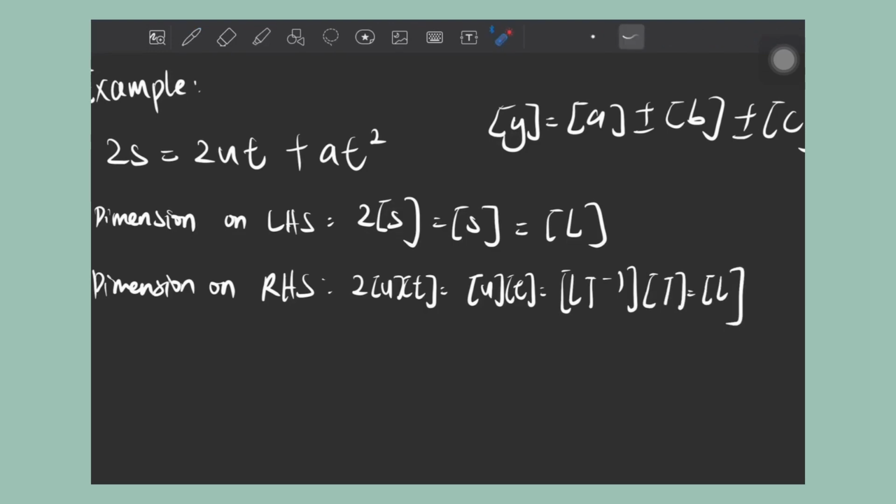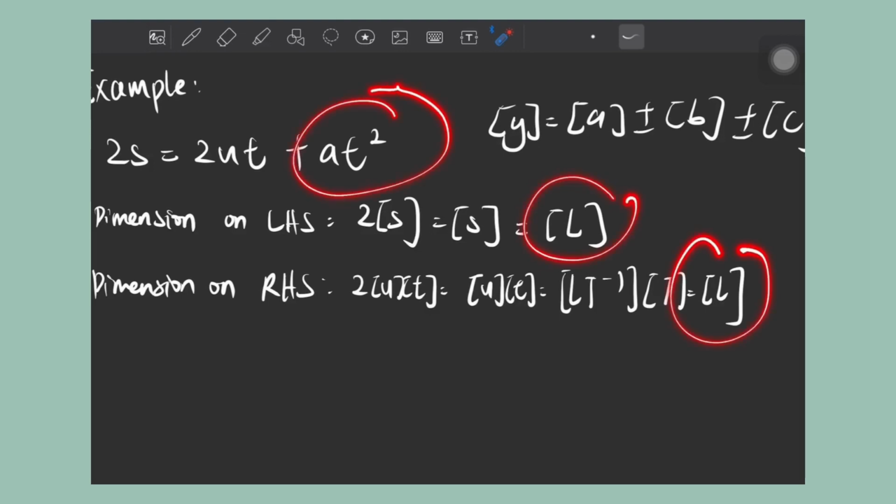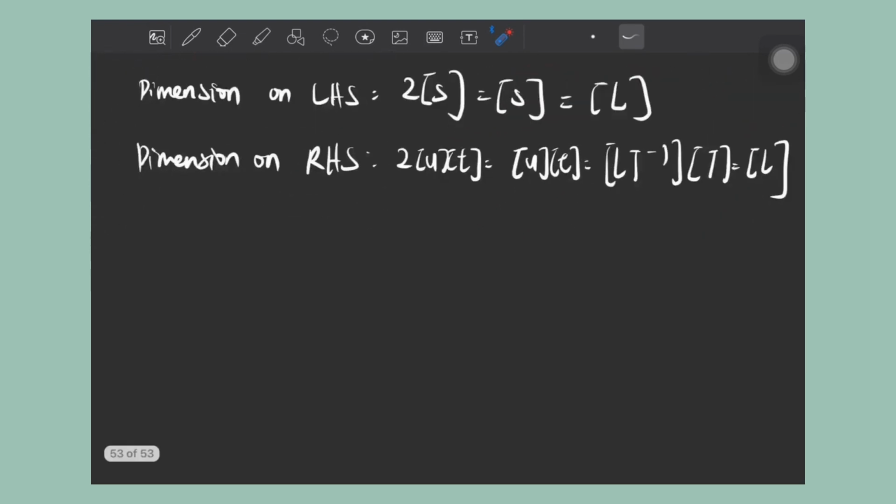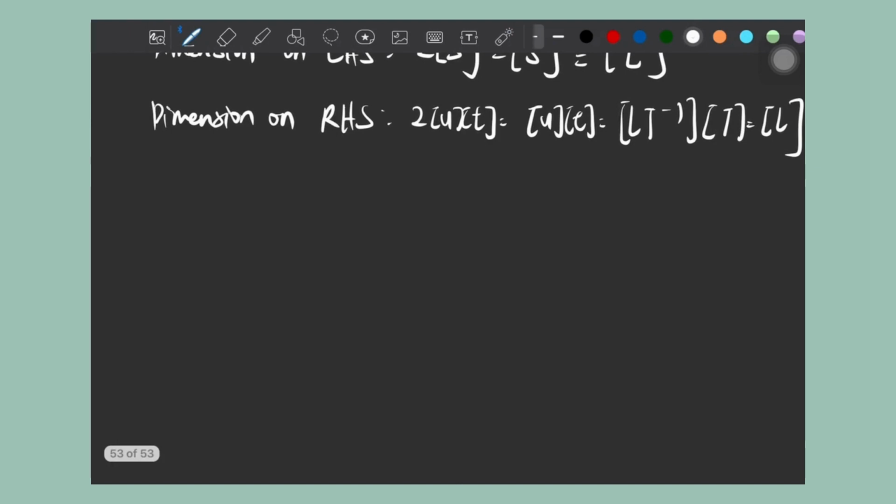So it is the same. But we have to check the other term, because the rule of dimension is correct only if each term is the same. For the at^2 term, we know that a is acceleration, LT^-2, times T^2, so it will be L.